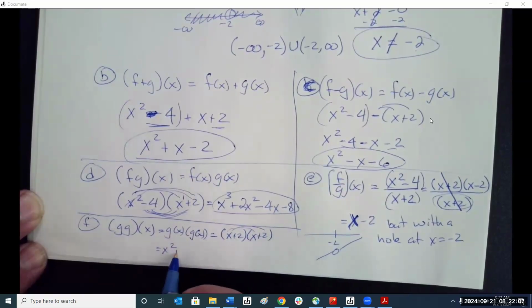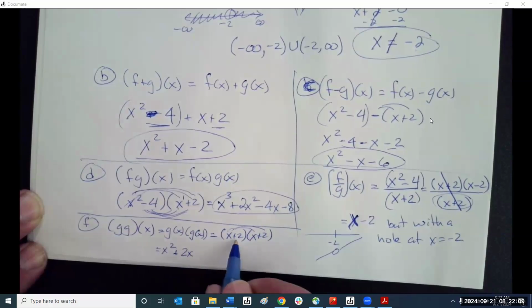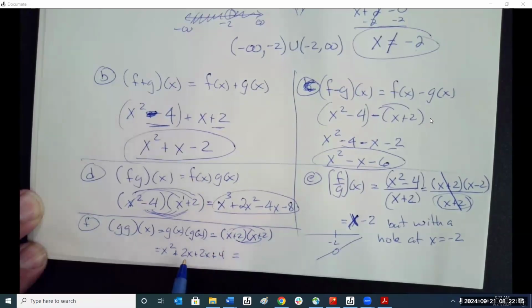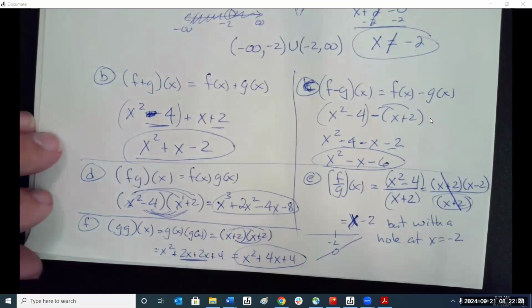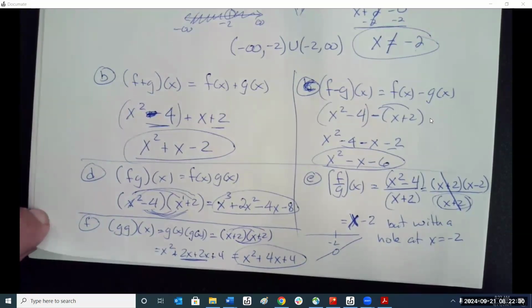X times 2, they're all positive, so it's 2x. That's positive 2x, and that's positive 4. Combine like terms, so we get x squared plus 4x plus 4. And there's our answer. So that's how you combine these functions.